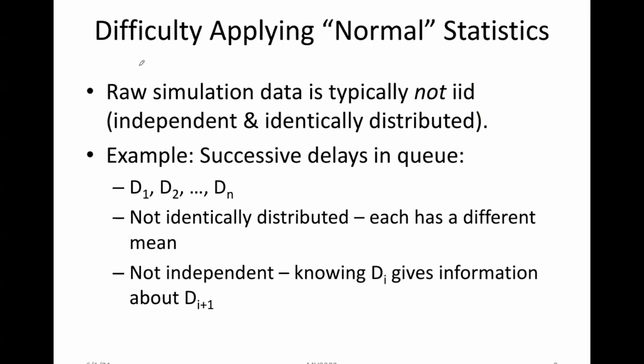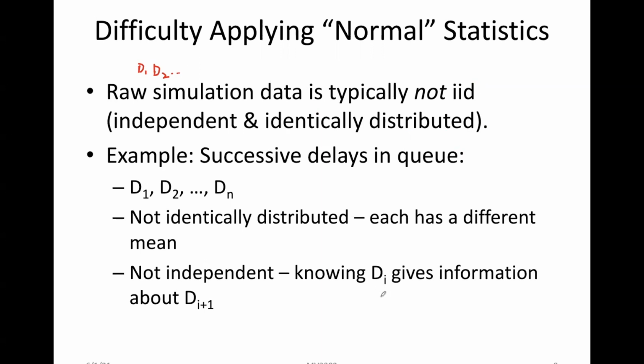That is, these raw delays in queue are not typically independent and identically distributed. Each of these actually has a different mean. And they're not independent either.